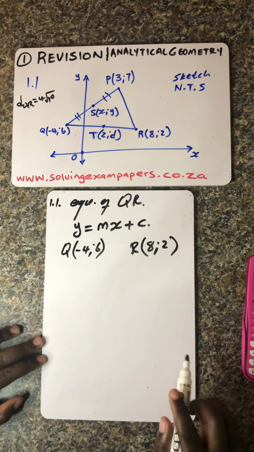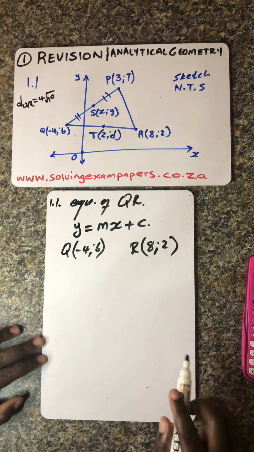Now we need to find the gradient. We know the formula for the gradient is y2 minus y1 over x2 minus x1. Very much important. We are calculating the gradient of QR, that's why we're going to use the coordinates of Q and R.